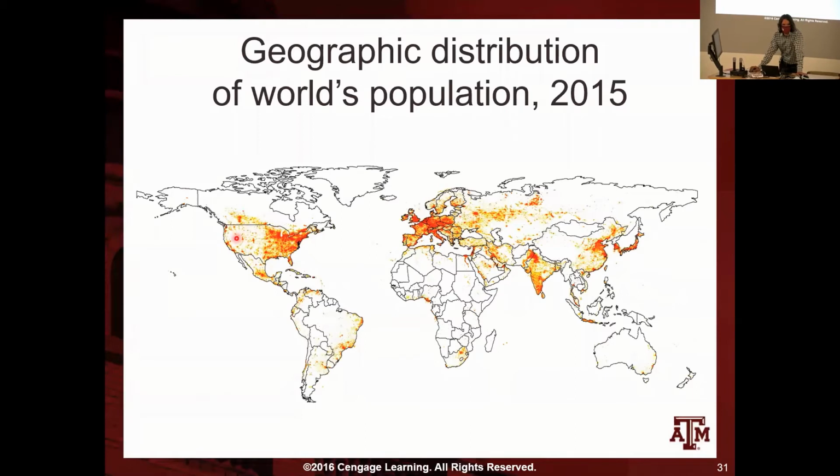In Brazil, a lot of the population is concentrated around the coast. Here you have São Paulo and you have Rio, and you also have some cities in the northeast of Brazil concentrating most of the population.